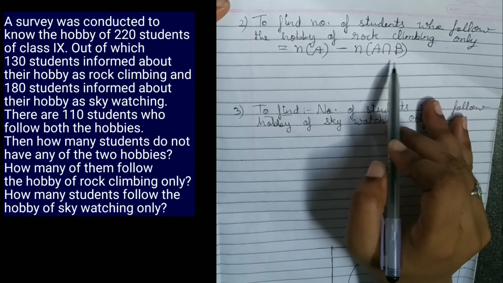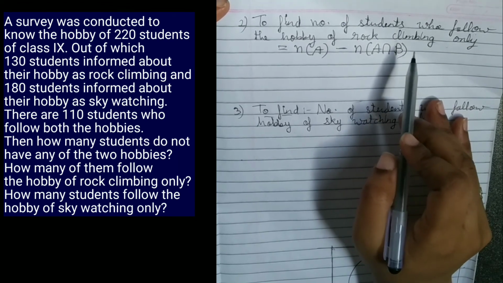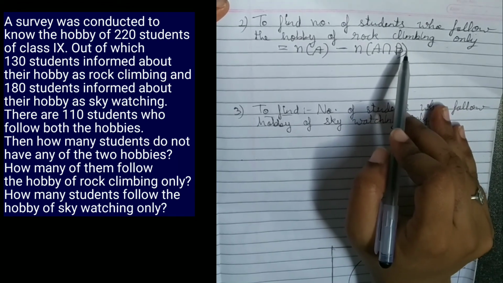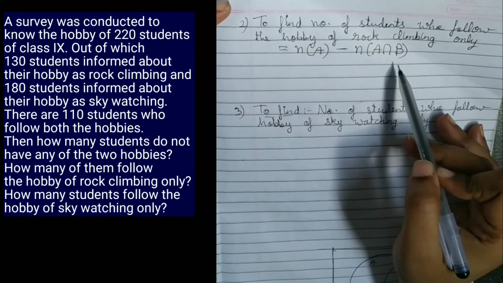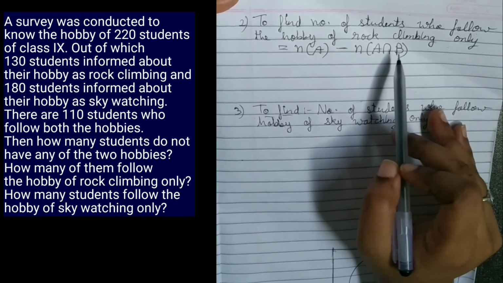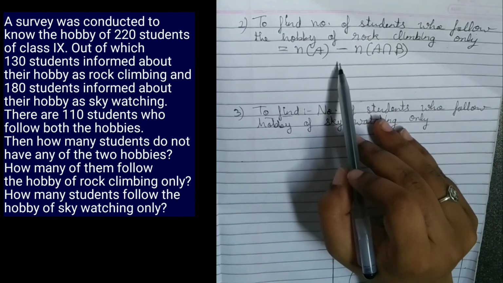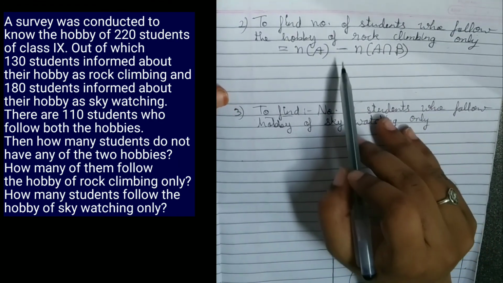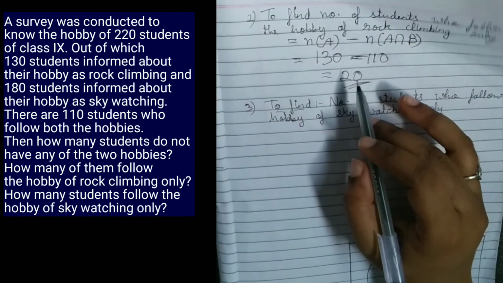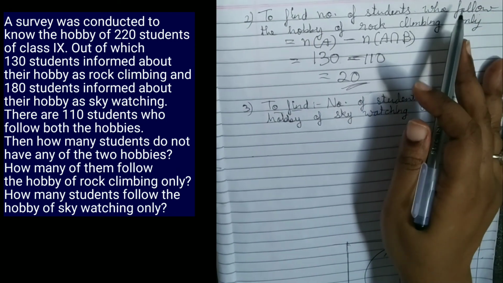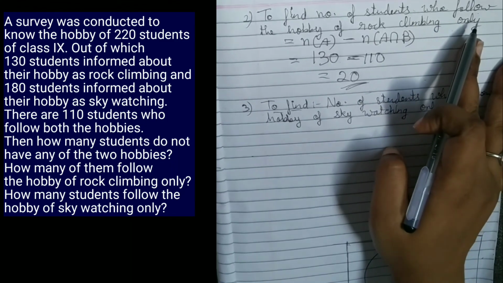We will subtract the number of students who have both hobbies, rock climbing and also sky watching. If we subtract this number from the number of elements of A, then we will get the number of students who have the hobby of rock climbing only. So 20 students have the hobby of rock climbing only.